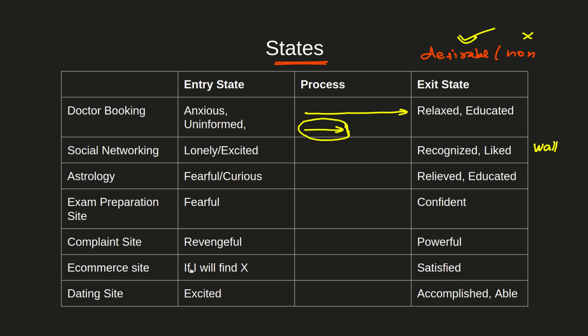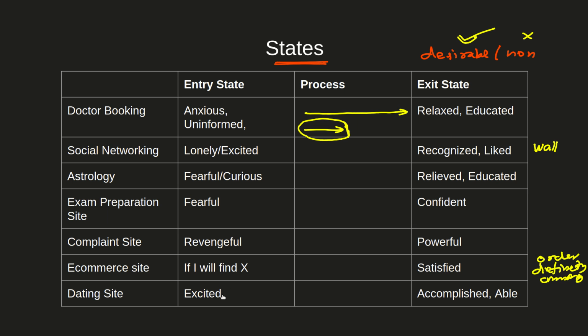So in an e-commerce site, I want to feel satisfied, I want to feel confirmed that this order is definitely coming, right? These are the kinds of things that you want to have.